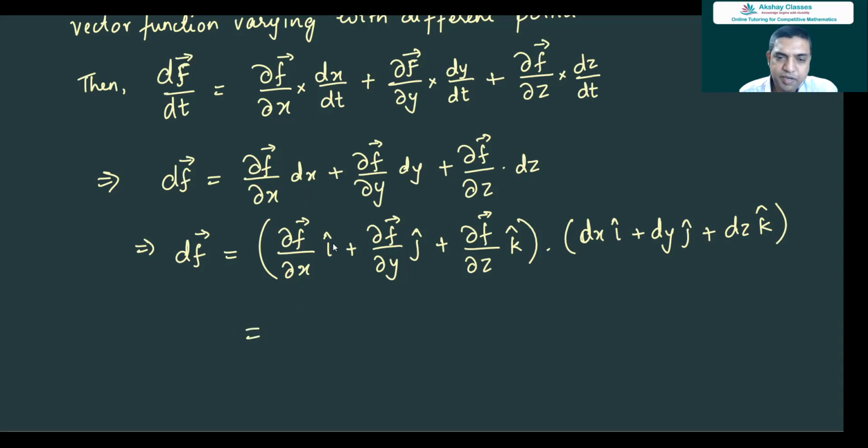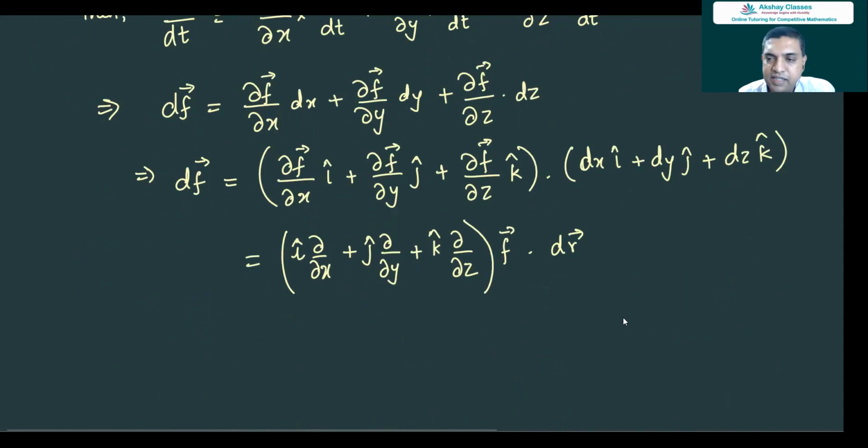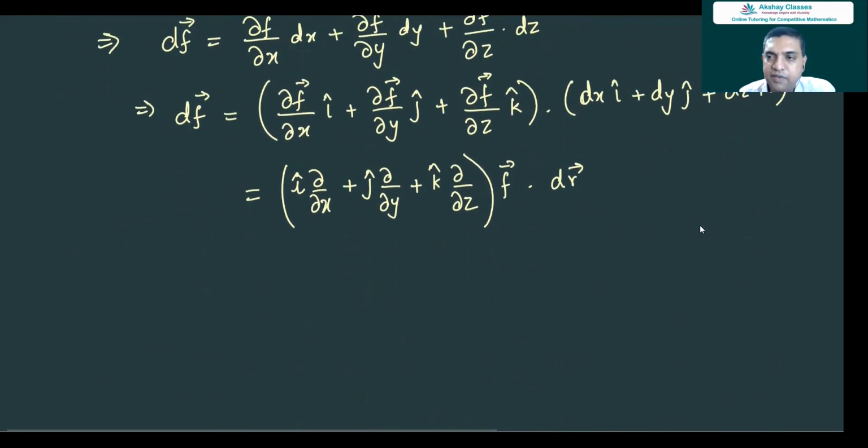Now this operator is i cap times dou by dou x plus j cap times dou by dou y plus k cap times dou by dou z, and this operates on F. And dr is nothing but dx i plus dy j plus dz k, because r is x i plus y j plus z k.